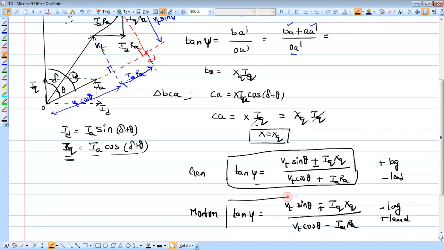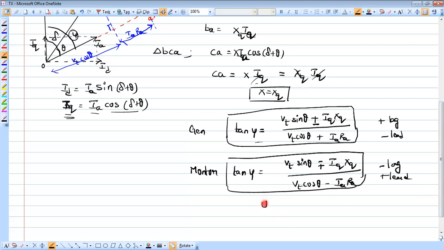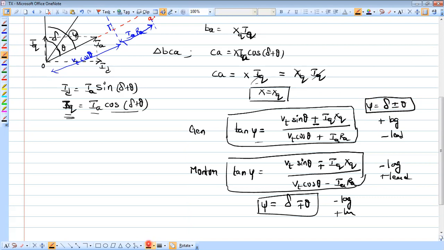This is for the motor. And for a motor, the internal power factor angle is equal to delta minus or plus theta. So here minus for lagging and plus for leading. If it is a generator, psi equals delta plus or minus theta, the internal power factor angle. So these relations you need to remember to solve problems. Okay.